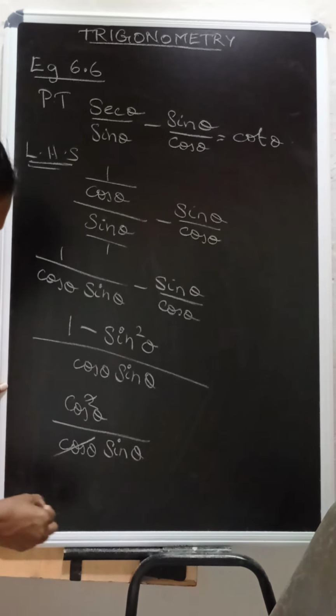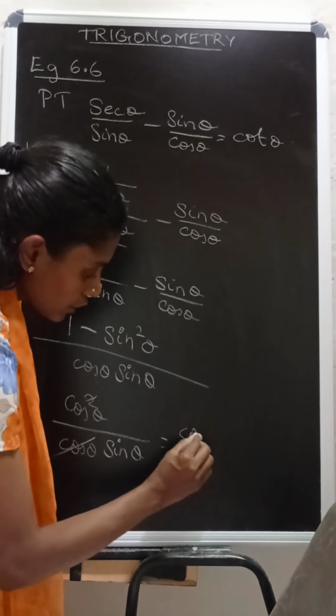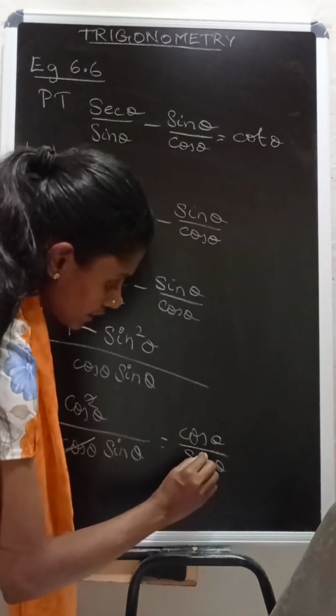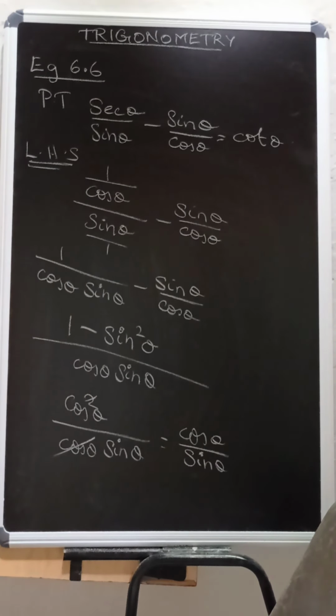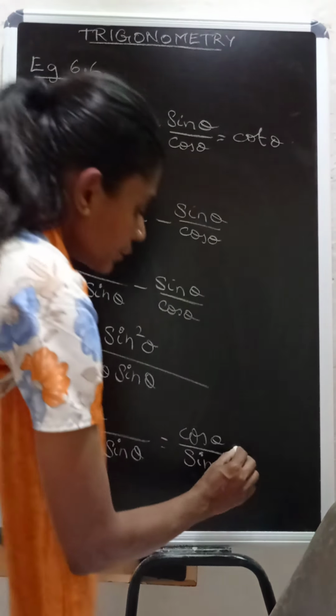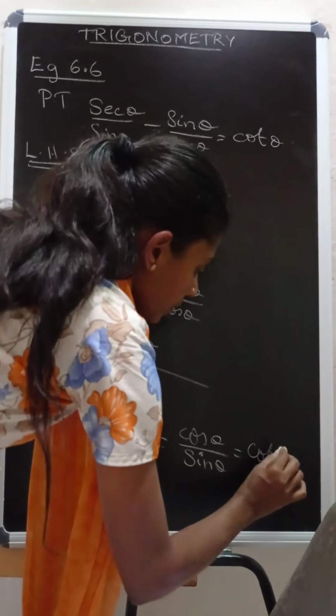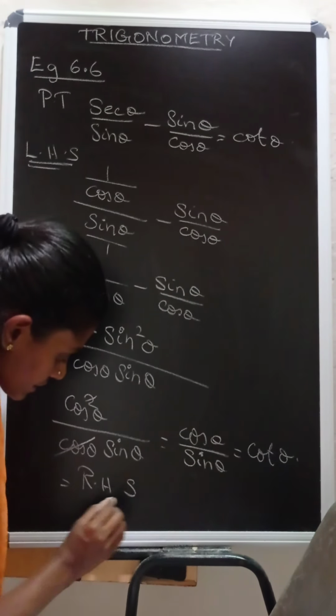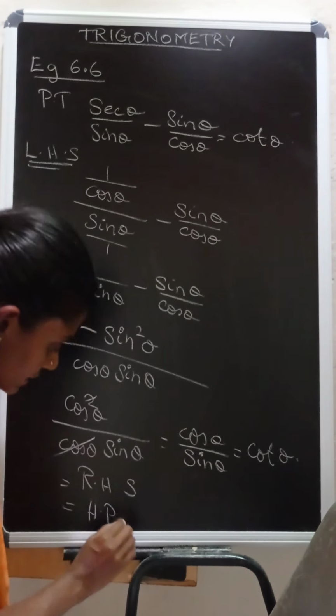The square and this get cancelled. You will get cos theta by sin theta, which is equal to cot theta, equal to RHS. Hence proved.